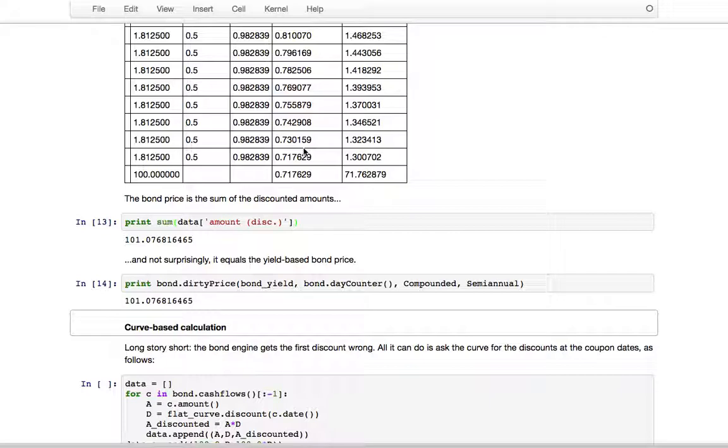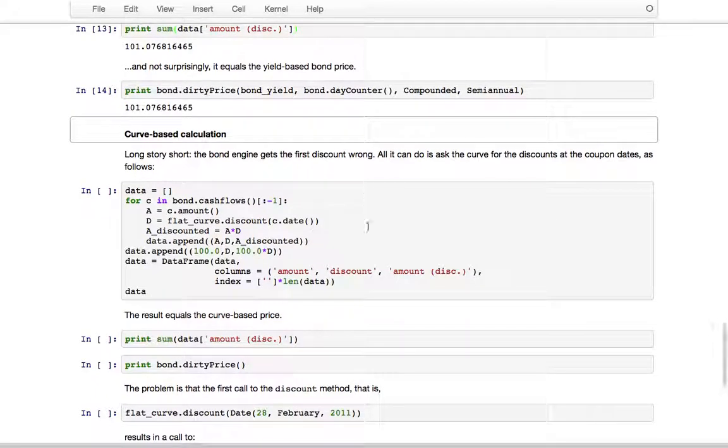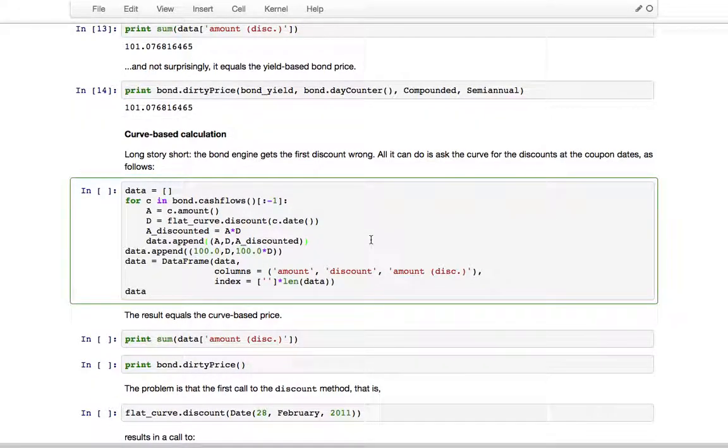What happens when we pass a curve to the bond? Well, what happens is that the discount calculation is different. The calculation asks for the amounts of the coupons, but then retrieves the discount factors not by calculating the accrual periods and combining the corresponding discounts, but by asking the discount factors directly of the curve.